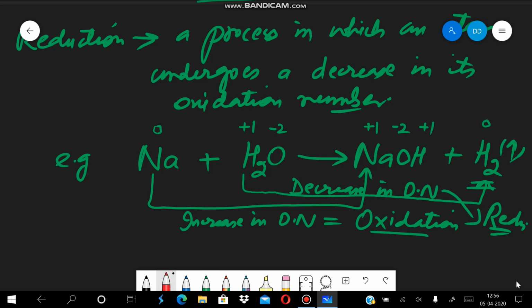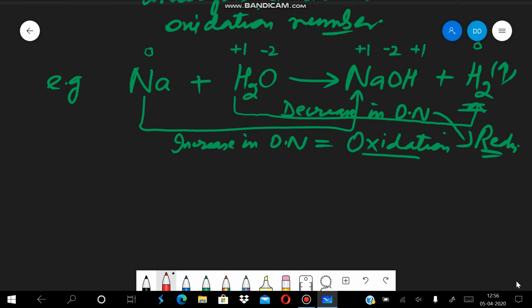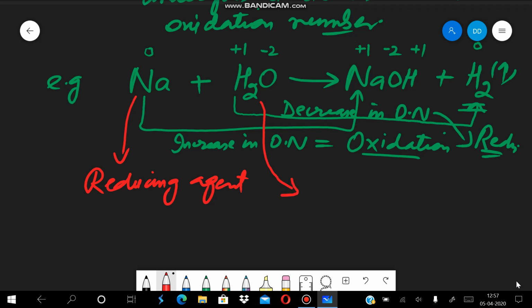Now you also know that the substance that undergoes oxidation is called as reducing agent, and the substance that undergoes reduction is called as oxidizing agent.